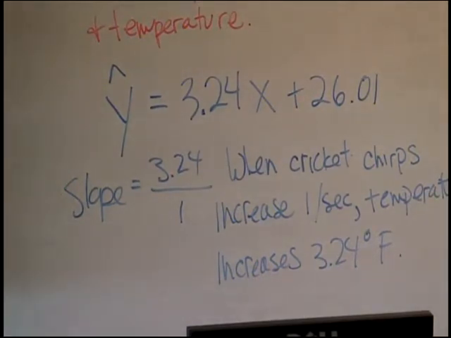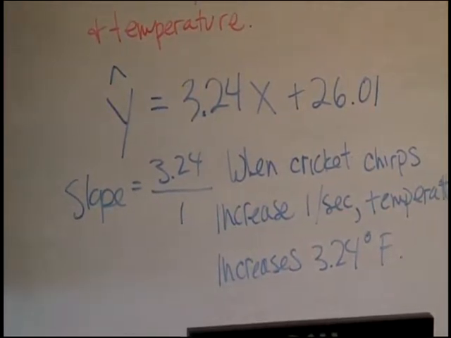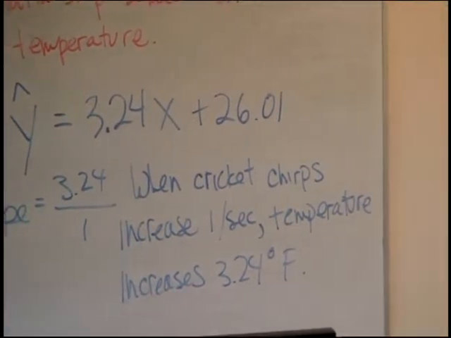Yeah, Mike. And then for the y-intercept, would that just be, if they're not chirping at all, it's 26.01 degrees? Does that make sense? Frozen. So Mike's question was, are we saying that when crickets aren't chirping, it's 26.01 degrees Fahrenheit outside?